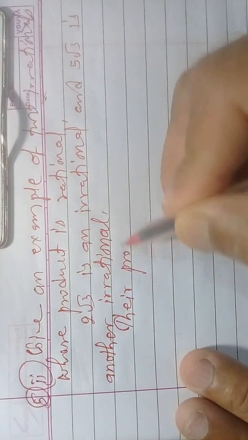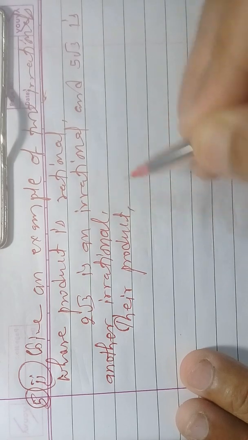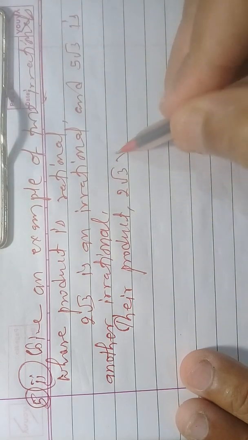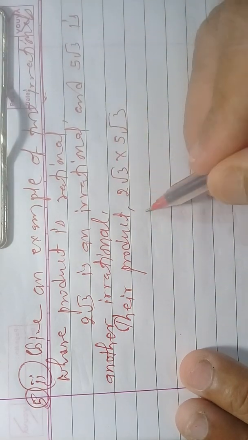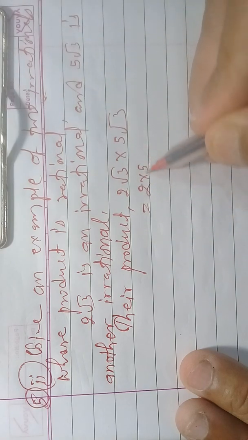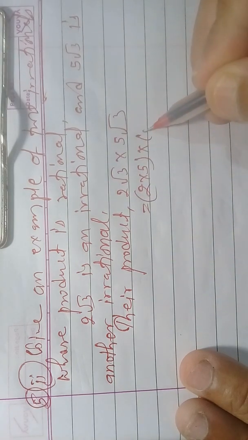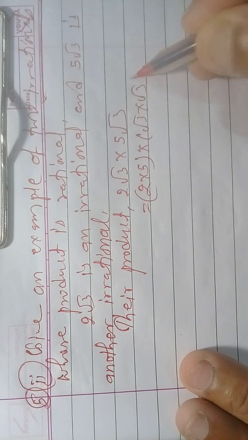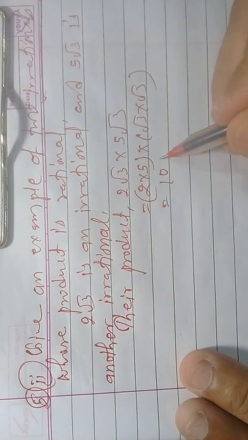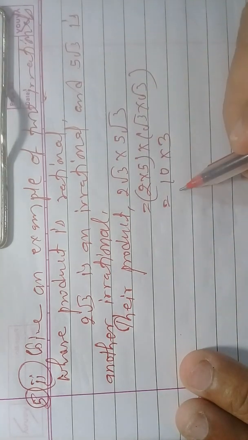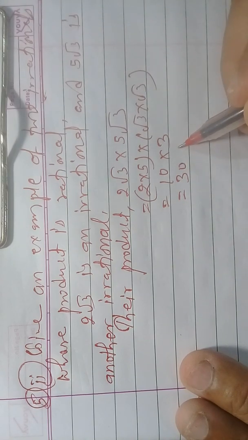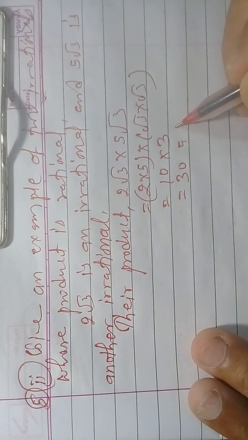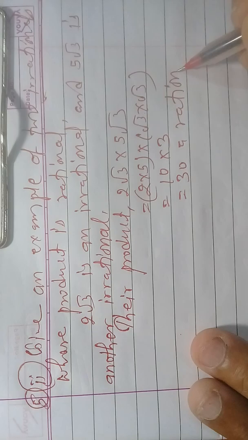Their product: 2 root 3 into 5 root 3 implies 2 into 5 into root 3 into root 3, 10 into 3 is equal to 30. A rational.